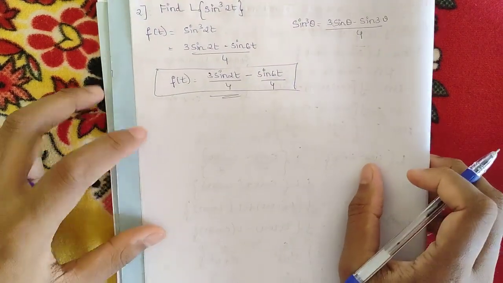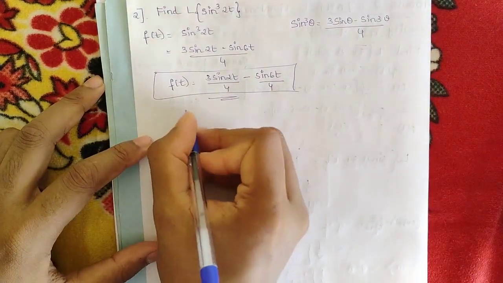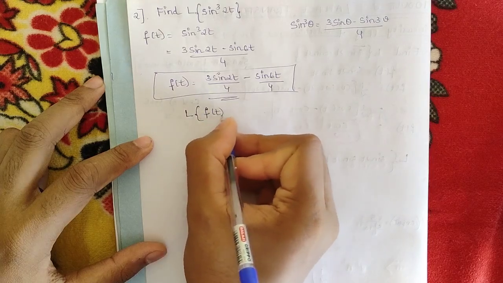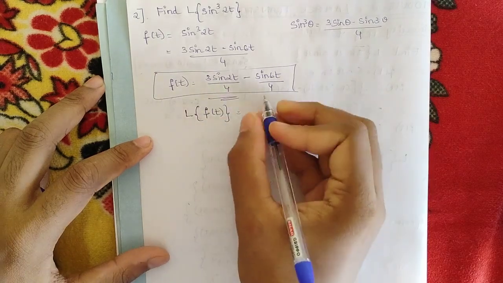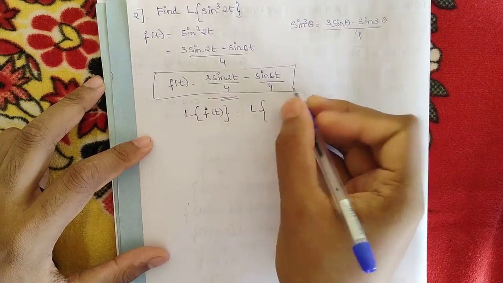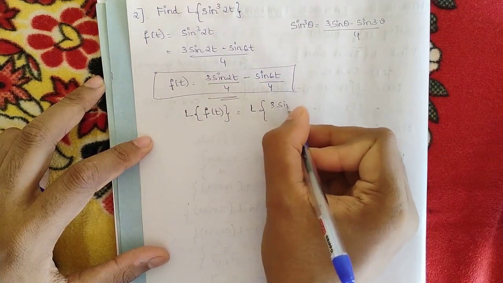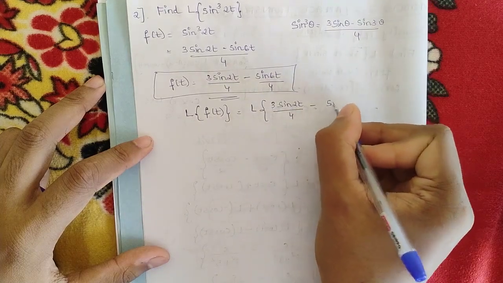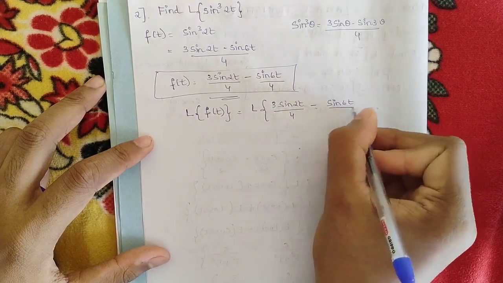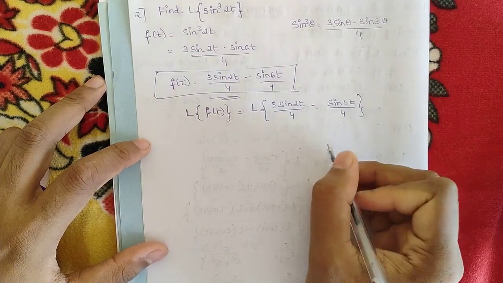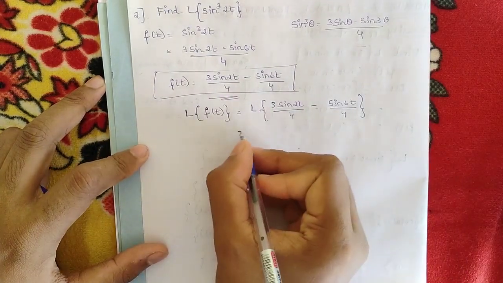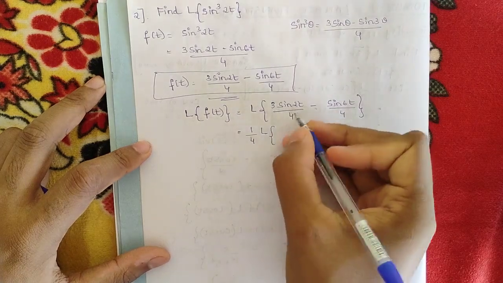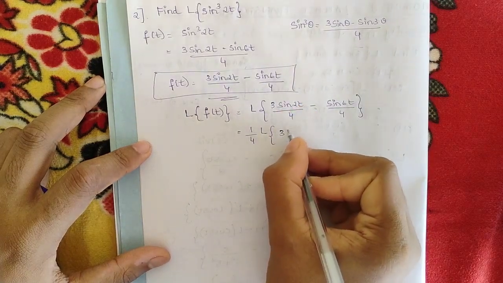Now for this we should apply the Laplace transform, that is L of f of t equals L of 3 sine 2t by 4 minus sine 6t by 4. Again here, 1 by 4 you can take common outside. Here we are left with 3 sine 2t.